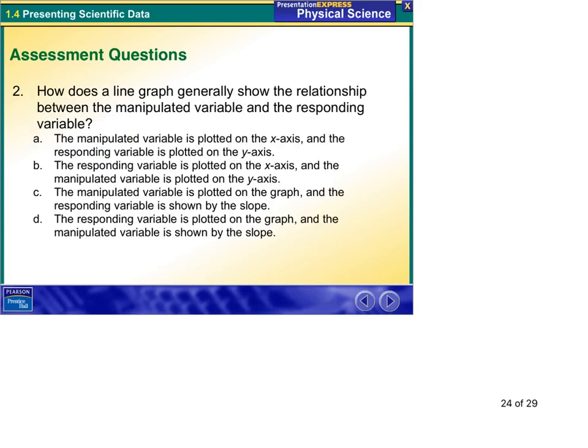How does a line graph generally show the relationship between the manipulated and the responding variable? The manipulated variable is plotted on the x-axis, the responding variable on the y-axis.